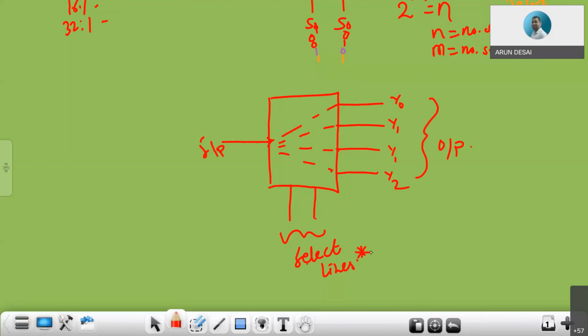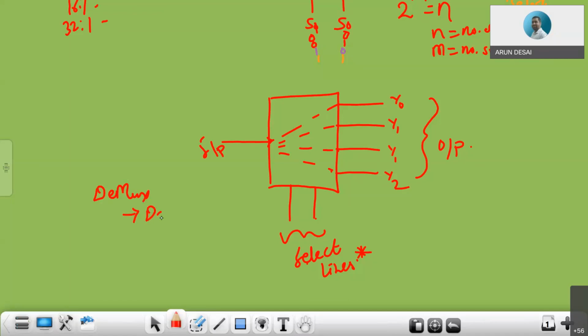So whatever input is there on the select lines, based on that, input data is passed to the output line. This is the task of a demux or demultiplexer. It is exactly a reverse operation of the multiplexer. Where is it actually used? It is used for data distribution.